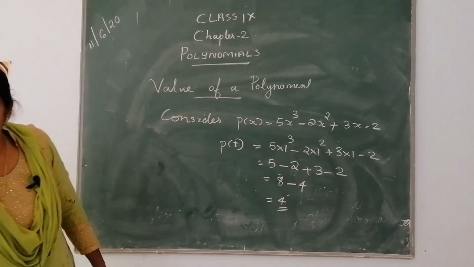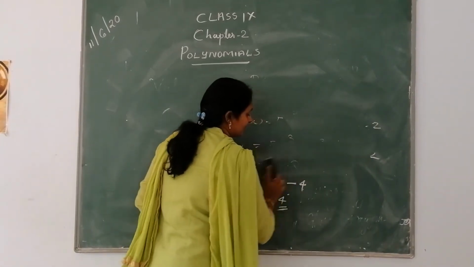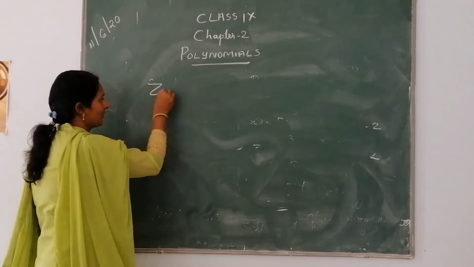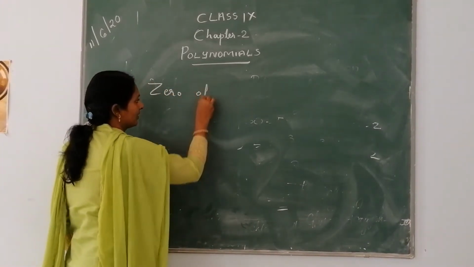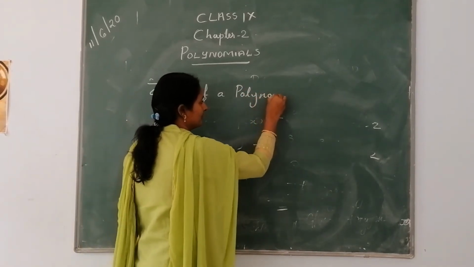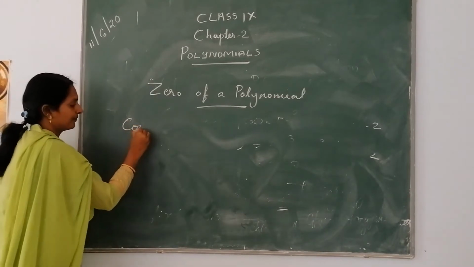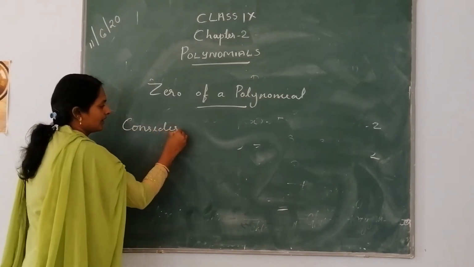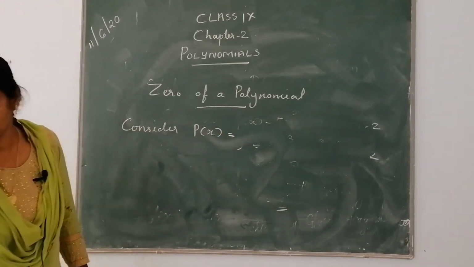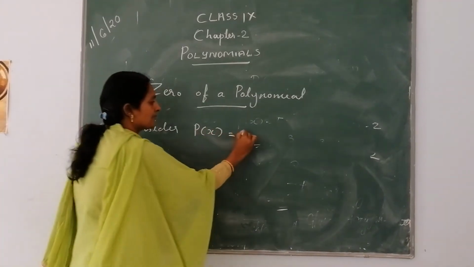Next topic is zero of a polynomial. Consider a polynomial P of x is equal to x minus 1.